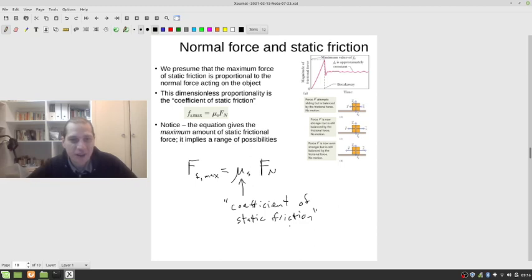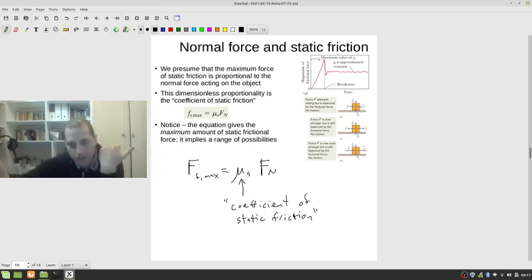All right, now notice that gives us the maximum amount of static frictional force. As I said before, if I put in 3 newtons and it's not moving, that means that my frictional force is going to be just 3 newtons. If I put in 5 newtons of force and I'm getting back no movement, that means that the frictional force is 5 newtons. So the magnitude of the frictional force keeps going up as I continue to push harder, up to some maximum value, and then your object will break free.